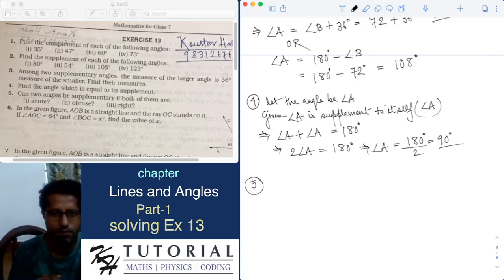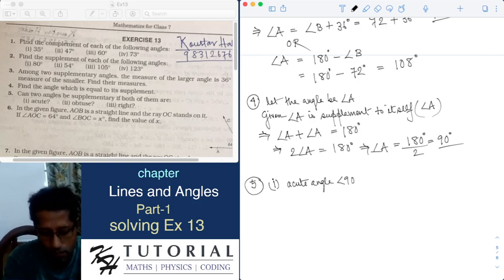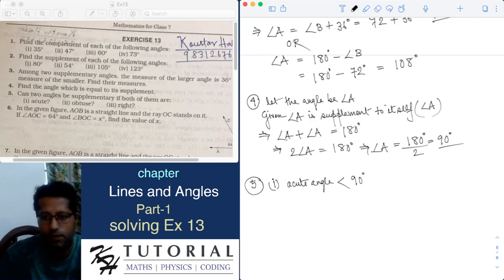Can two angles be supplementary if both of them are acute, obtuse, right angled? Can two angles be supplementary if both of them are acute? Now, what is an acute angle? Acute angle is less than 90 degree.